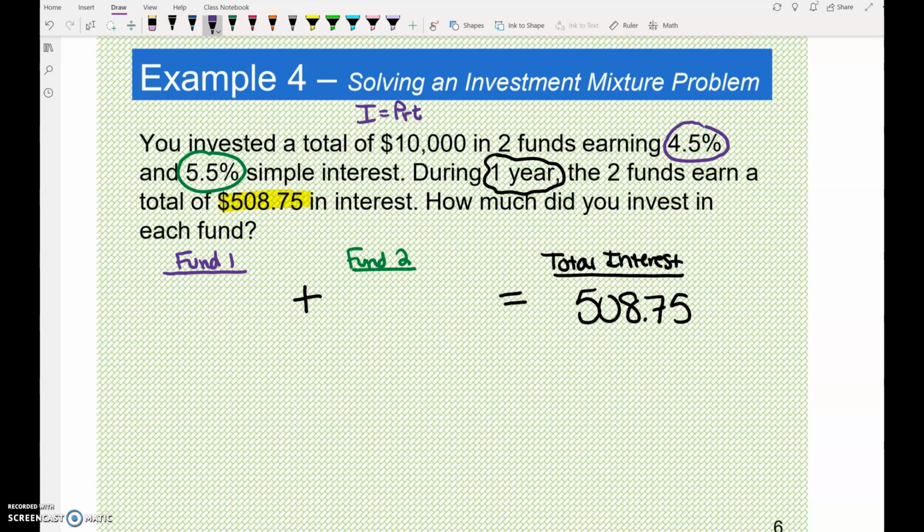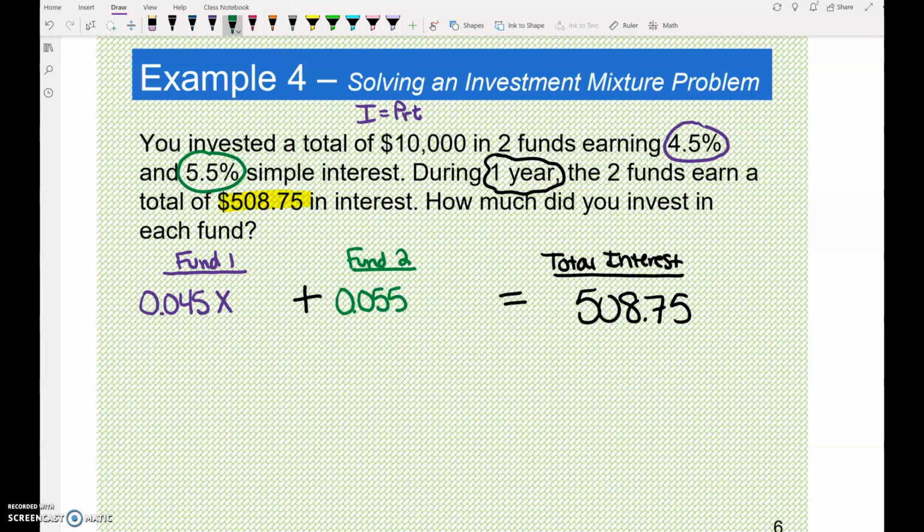So in Fund 1, the rate is 0.045. That's 4.5% written as a decimal. How much money are we putting in Fund 1? Do we know? That seems like a great thing to use X for. We don't know it, so we'll say X. Fund 2 is 0.055.